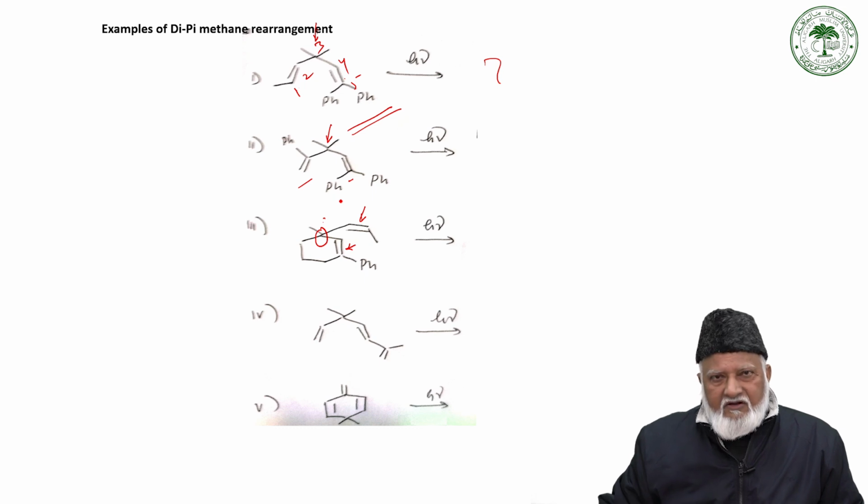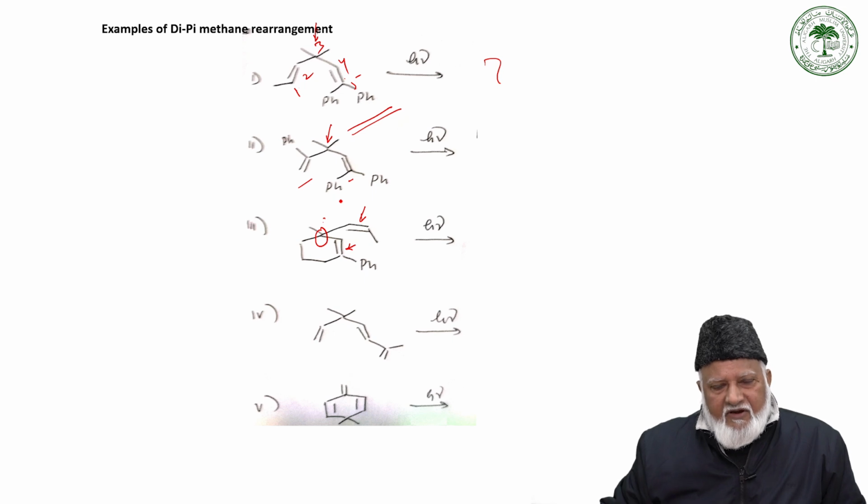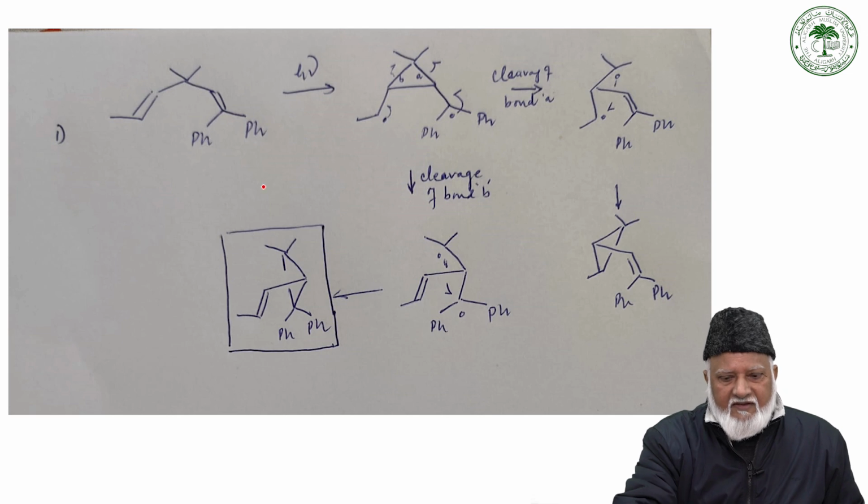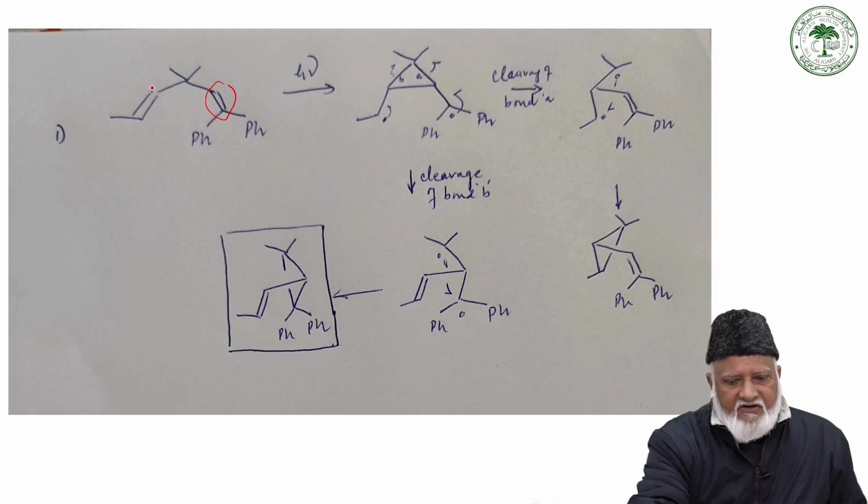So in the next slides, we are going to look at the product in these cases one by one and how it leads to only one product. This is the first example, where we have one double bond and another double bond separated by a methylene group.